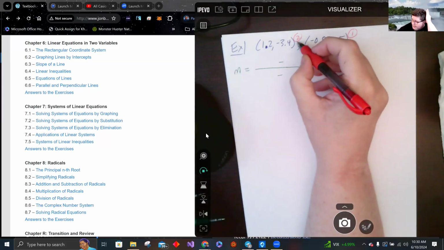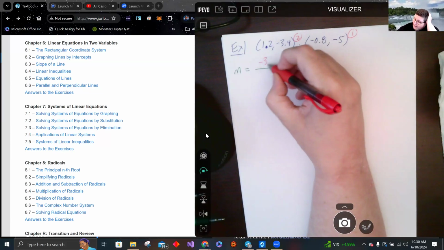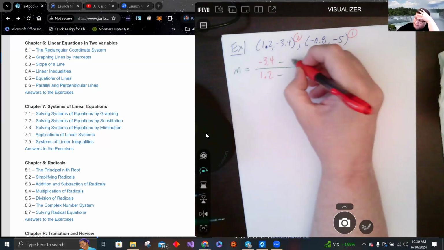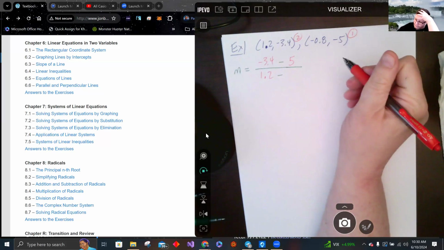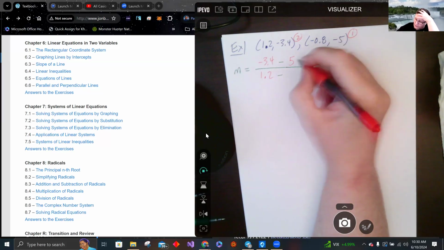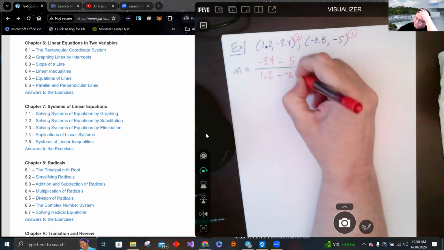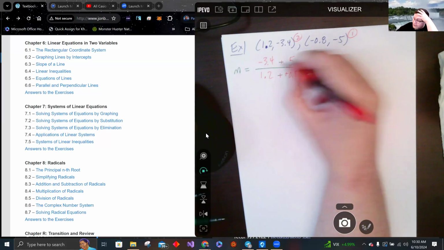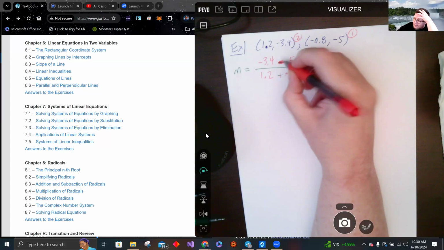So Y2 is -3.4 and X2 is 1.2. Y1 is -5 and X1 is -0.8. I just randomly turned that into a plus like a fool.